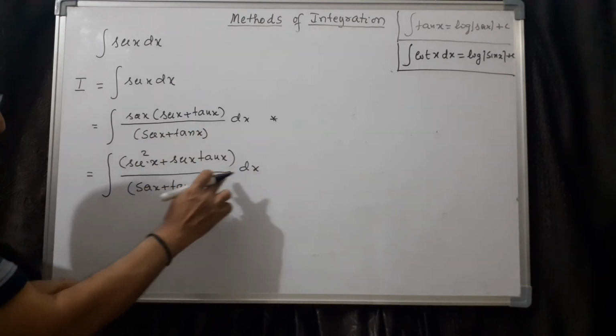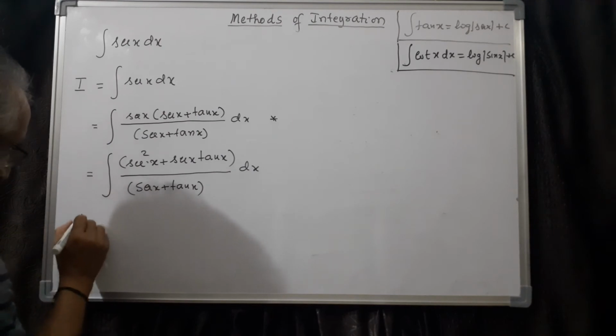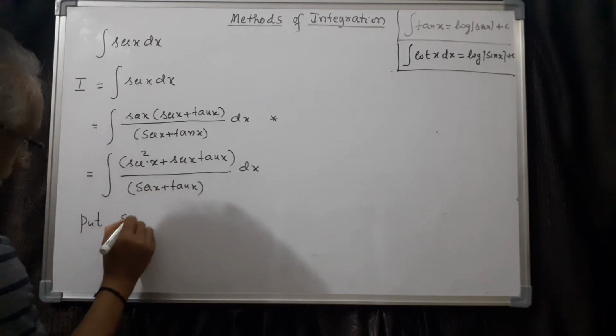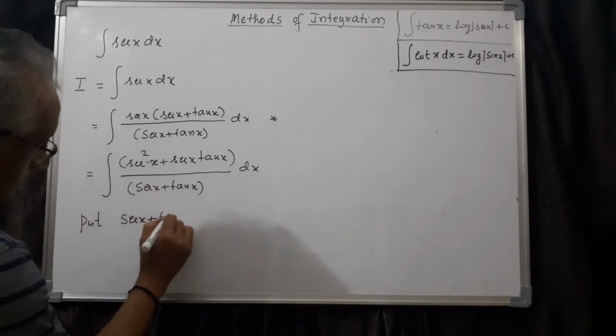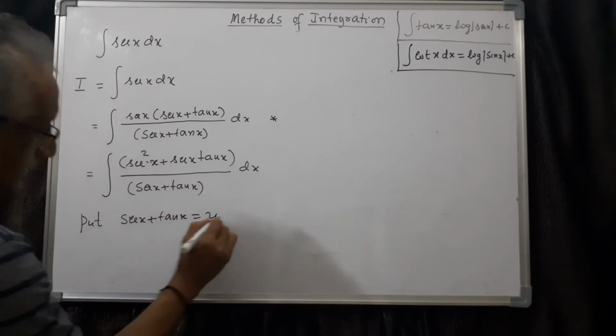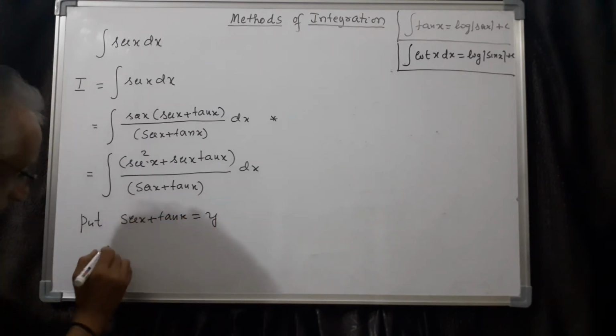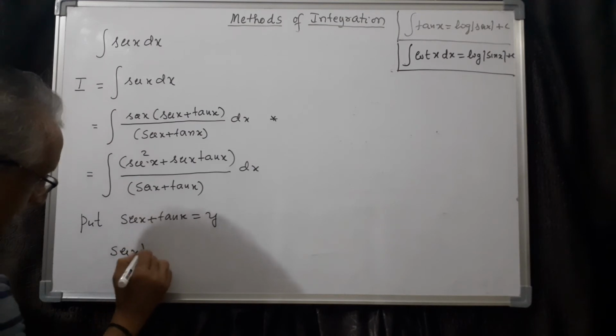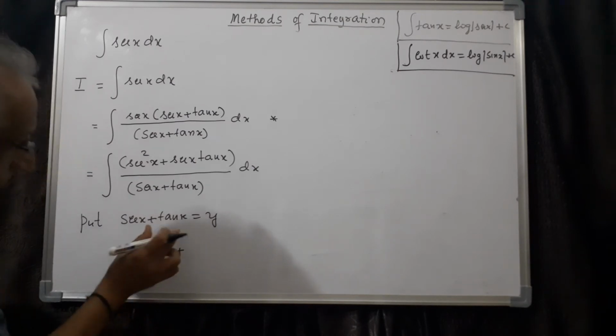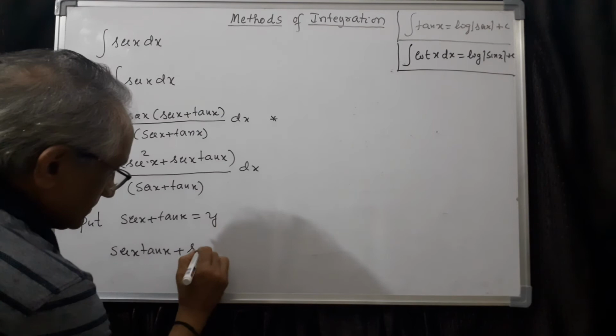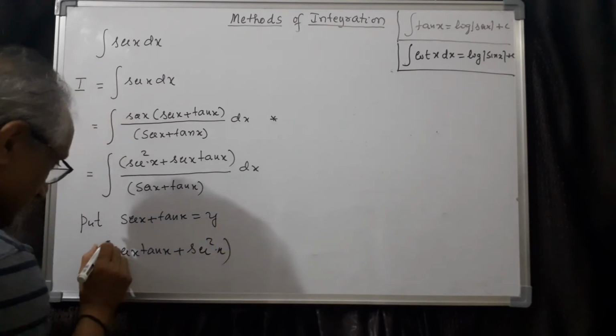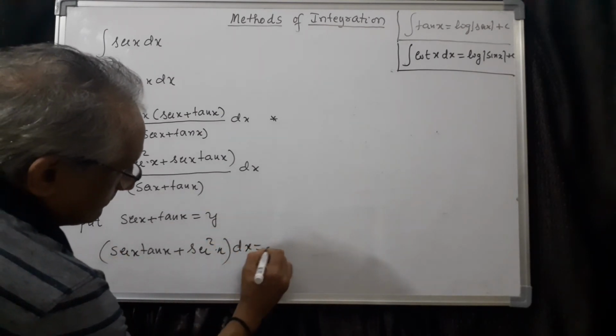So this itself becomes dy. Therefore, the substitution is to put secant x plus tan x equal to y, and the differentiation of this will be secant x tan x plus secant square x into dx, which is dy.